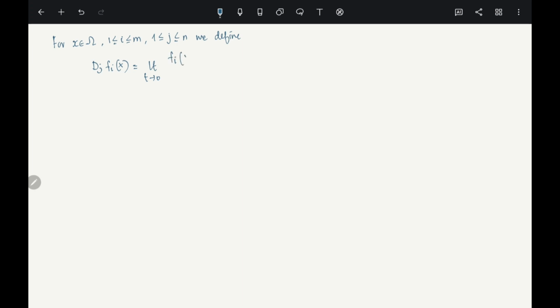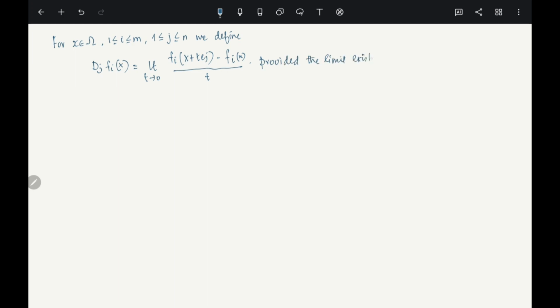f_i of x plus t e_j, minus f_i of x, divided by t. So you see, I am looking at how f is changing in the jth direction, provided the limit exists, of course. So you do understand what I am trying to say.